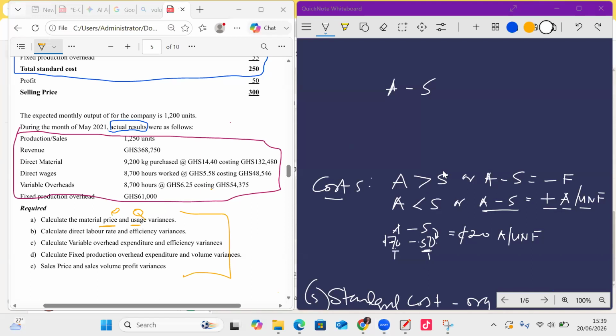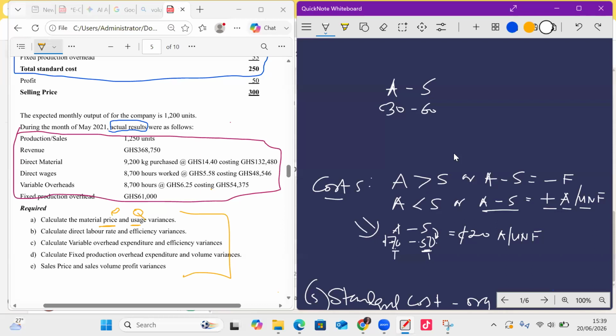So again, now we are going to the next one, the costs. Assuming this first scenario, the actual was higher than the standard. Here, the actual is 30 and the standard is 60.